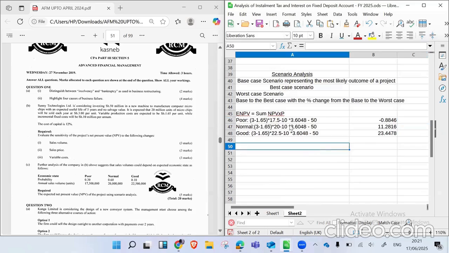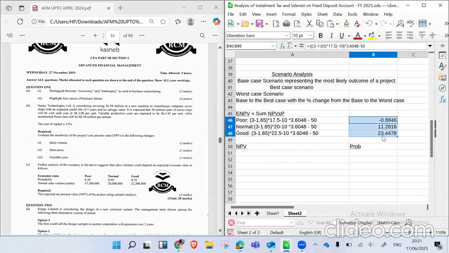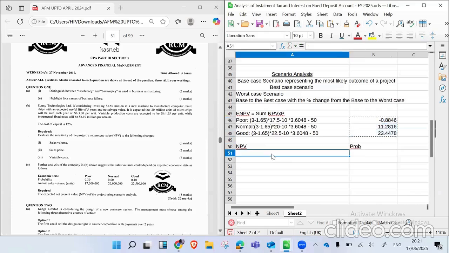So we have the NPV and we have the probability. Let me copy all these. So we have the NPV of poor, normal and good.